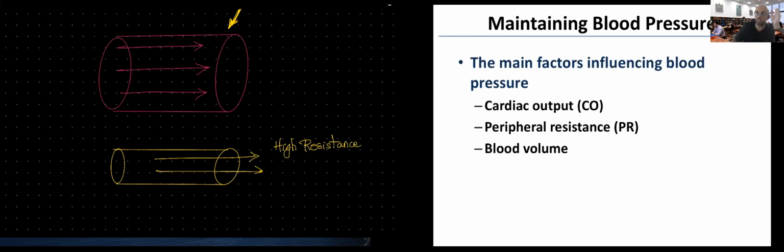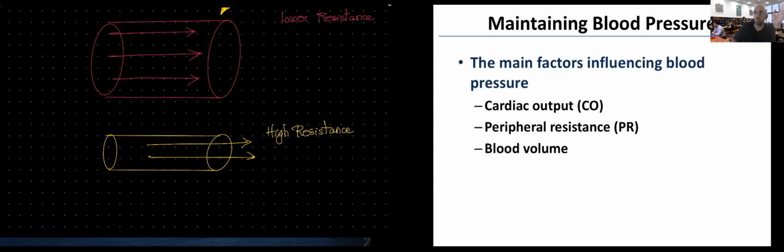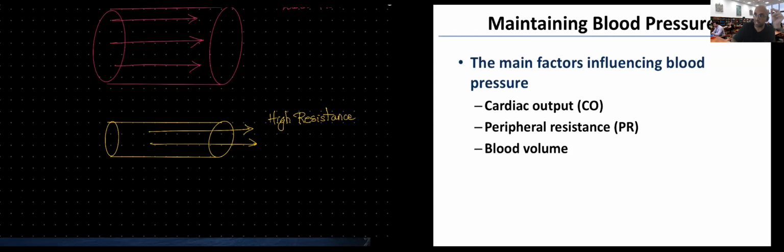So small diameter creates higher resistance, compared to a large diameter that creates lower resistance. One more question. So if you are increasing the resistance, what's going to happen to the flow of the blood?